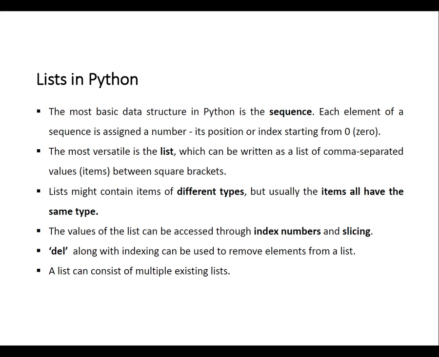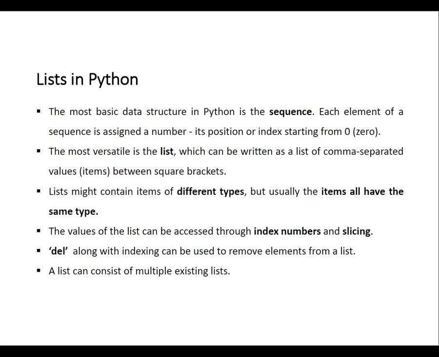Moreover, just like strings, list also has got index numbers, and we can manage indexing and slicing on list as well. The del command can be used to remove a single element at a particular index, or multiple elements using slicing, or the entire list itself.